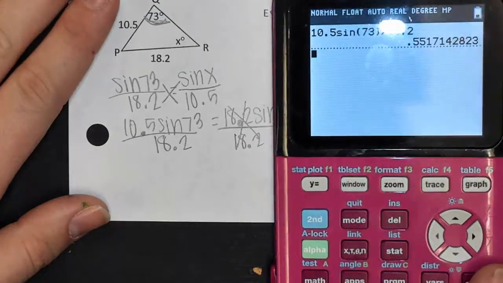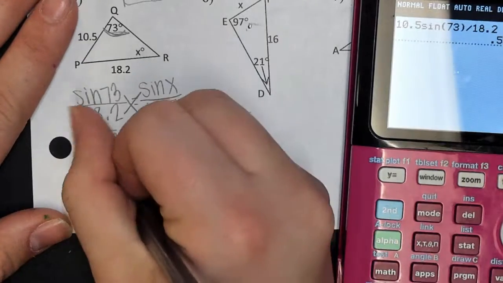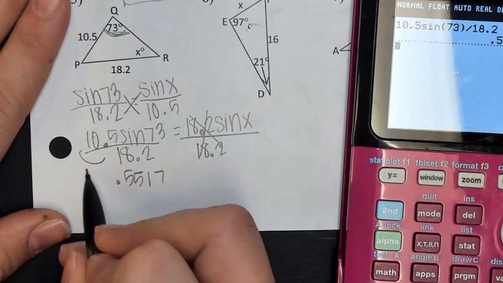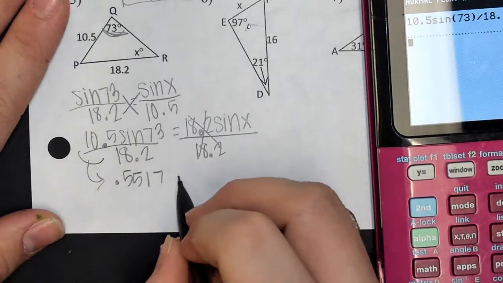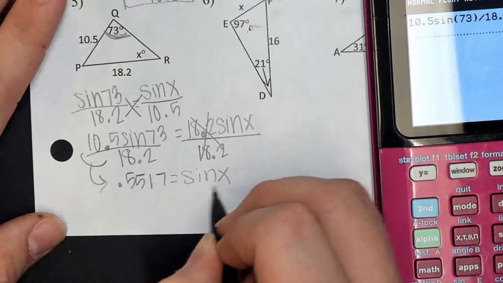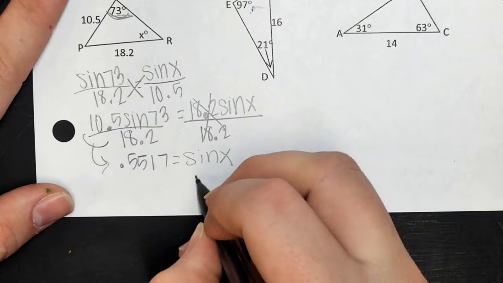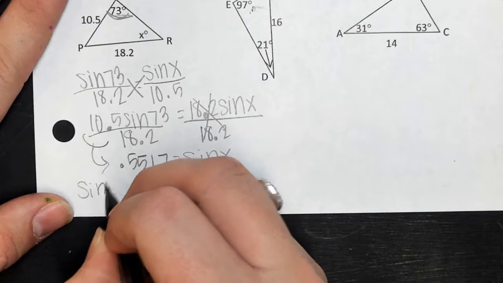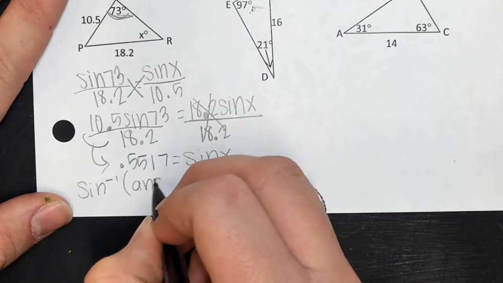So, what you have right here, you still have 0.5517, that's what all of this just reduced to be, equals sine of x. But remember, if you break sine and x, you have to do x equals sine inverse of this answer.